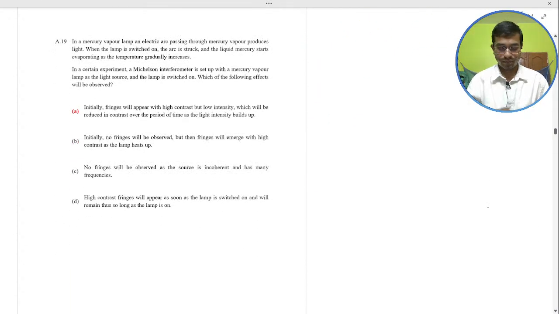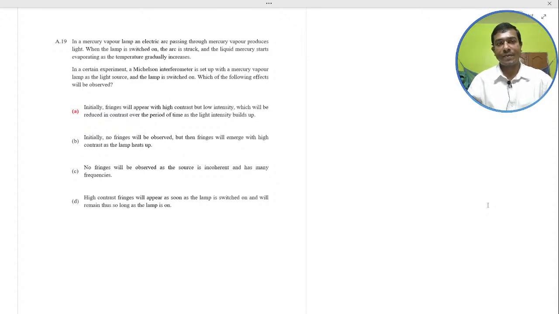Next, in a mercury vapor lamp, an electric arc passing through mercury vapor produces light. When the lamp is switched on, the arc is struck and the liquid mercury starts vaporizing as the temperature gradually increases.